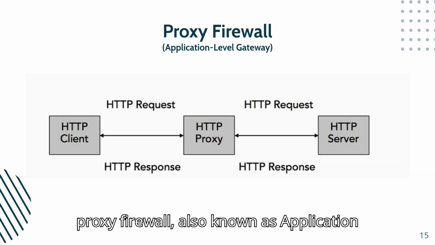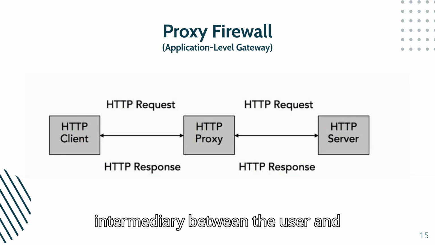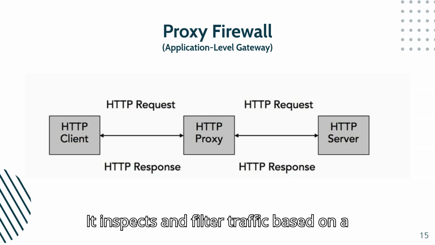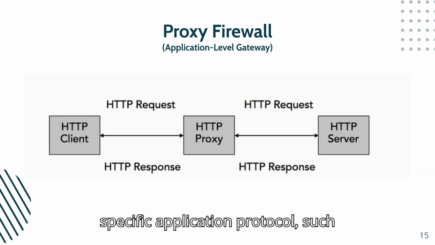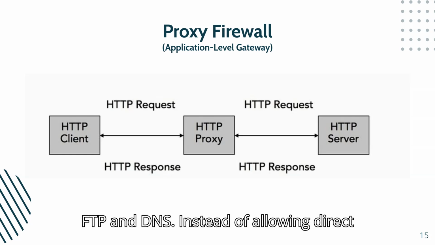A proxy firewall, also known as an application level gateway, works as an intermediary between the user and the external network. Operating in the application layer, it inspects and filters traffic based on specific application protocols, such as HTTP, FTP, and DNS.